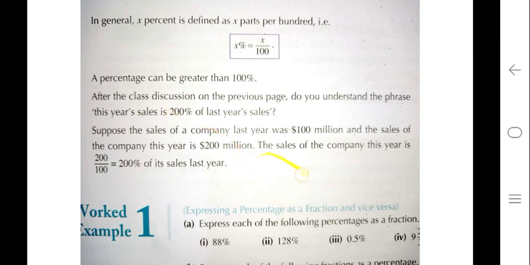So the sales of the company this year is 200 over 100 of its sales last year, which is 200% or twice. 200 over 100 is 2, so 2 times the sales of the company last year.